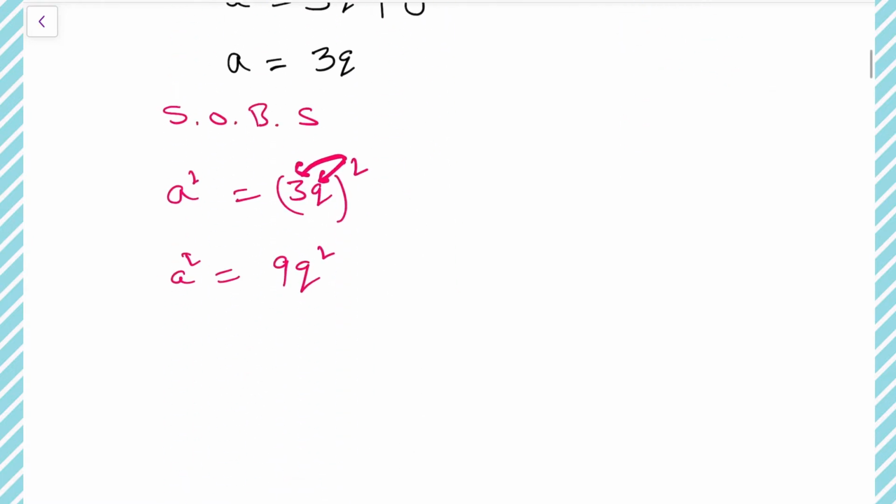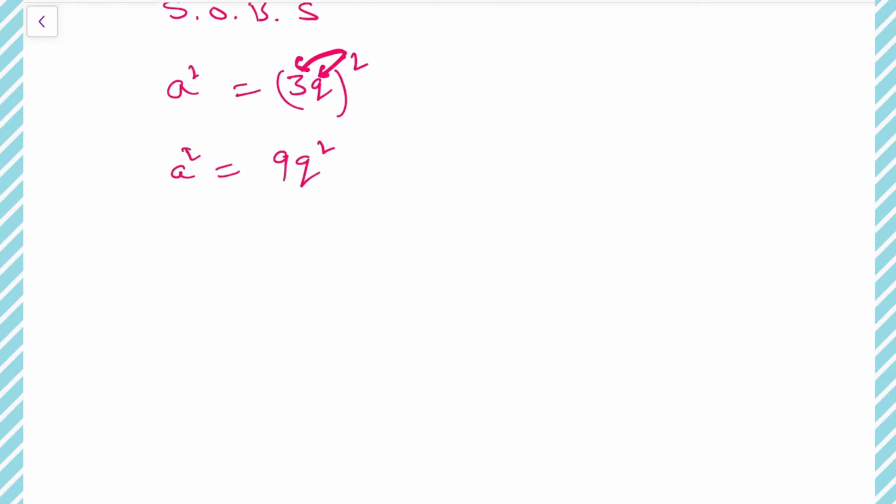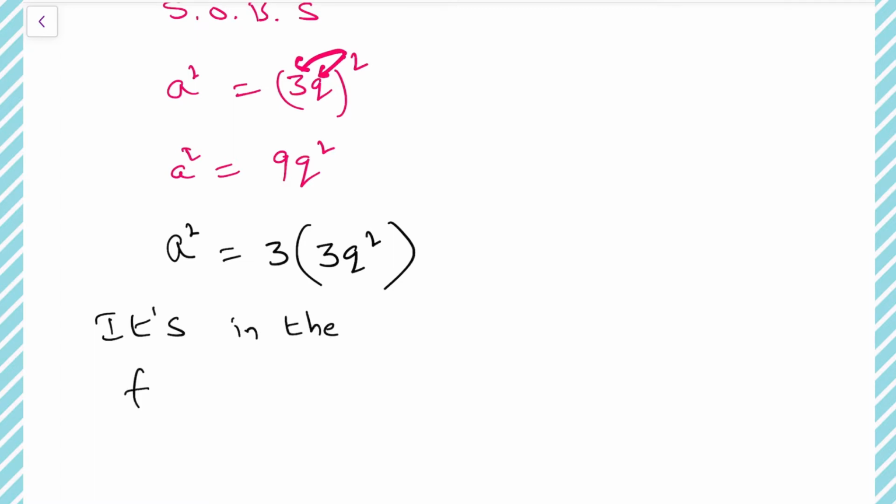So for that, from whatever answer we got, a square equals, just simply take 3 common. If we take out 3 common, then we remain with 3q square. So a square equals 3 into 3q square. Now this is in the form of three into p.